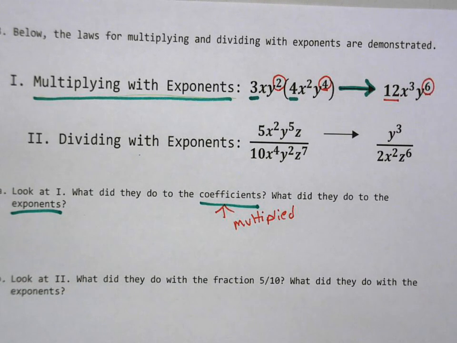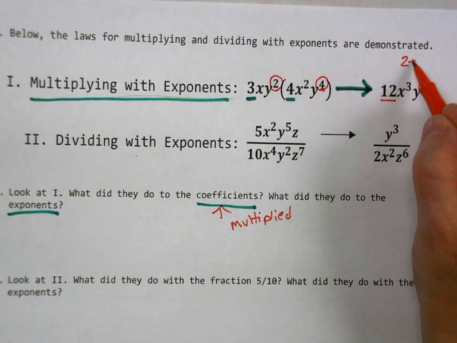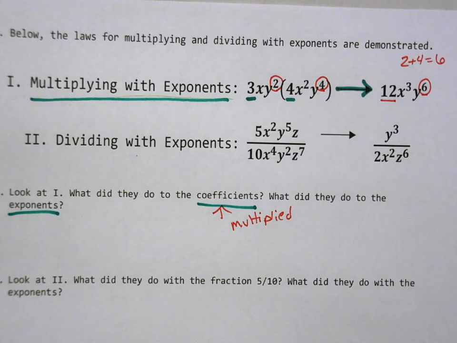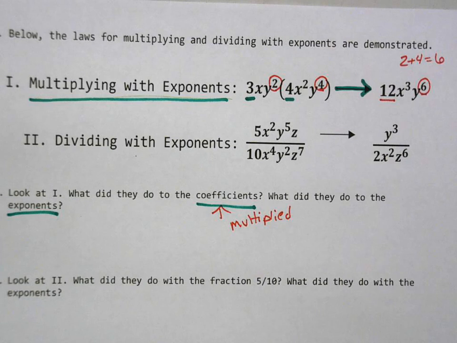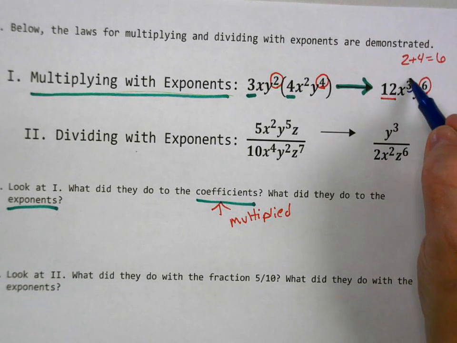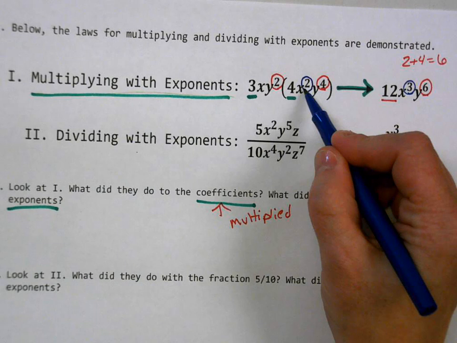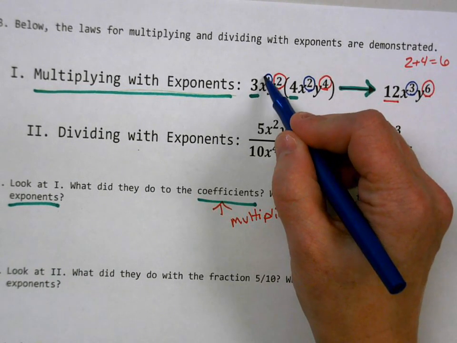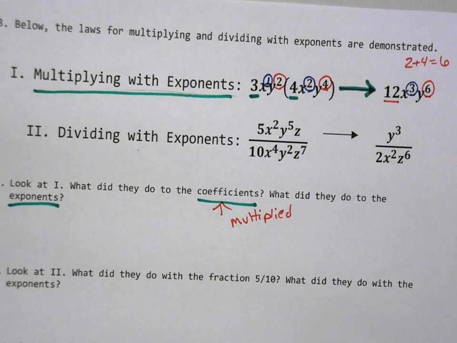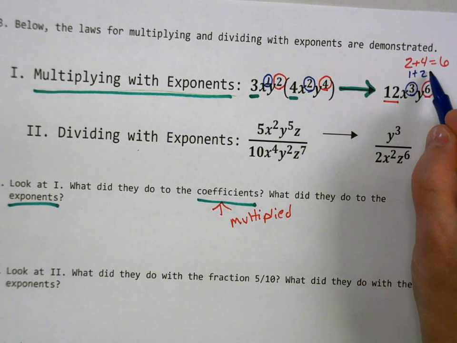What did I have to do to get a 6? Add, right? Because 2 plus 4 equals 6. How did we get the 3 on the x, though? Oh, wait. I only see a 2 over here, because there's an x by itself. The x by itself has that invisible 1 there, right? That invisible exponent. So 1 plus 2 equals 3.